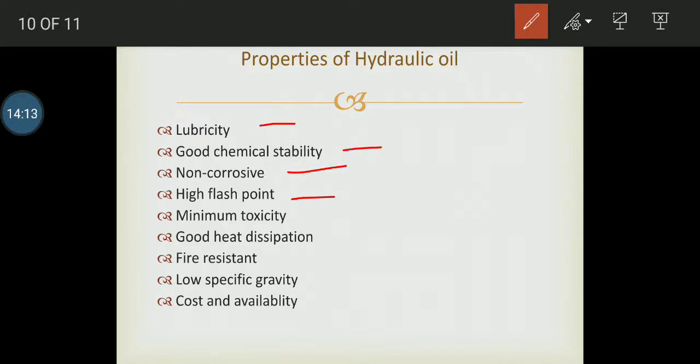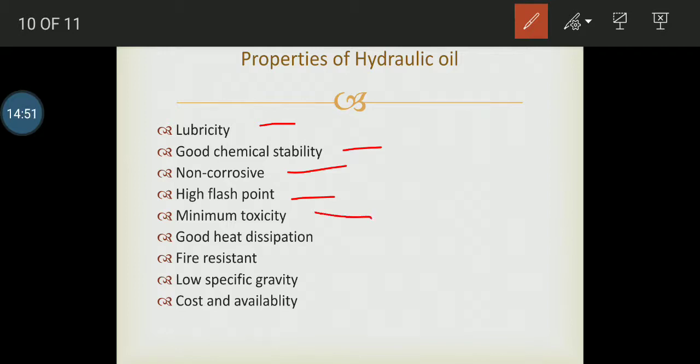So I need a very high flash point, to make sure that the flash point doesn't come in range with the pressure energy, because once it does, it creates an ignition and completely destroys the hydraulic system. So it is very important to have a high flash point, which avoids the creation of a spark or ignition.